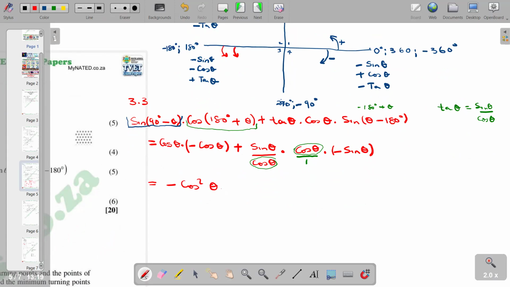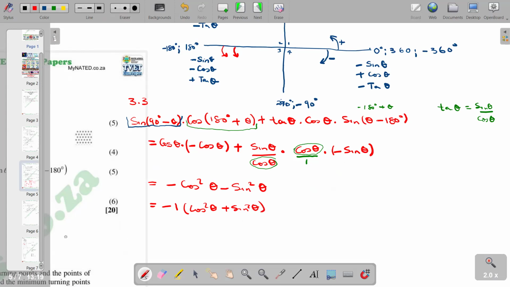So it's going to be a negative sine squared theta. We factor out a negative 1 here, which is common, so we'll be left with cos squared theta plus sine squared theta.